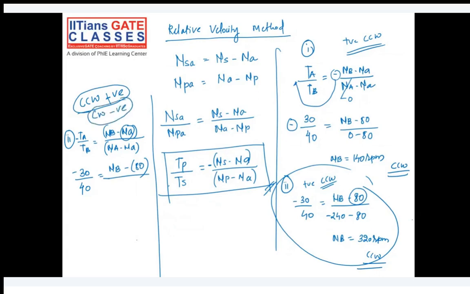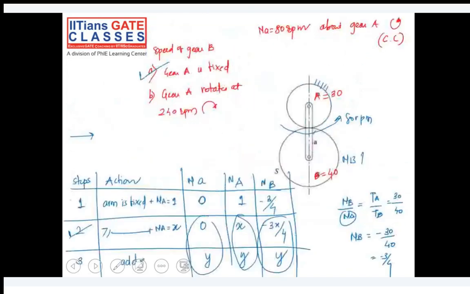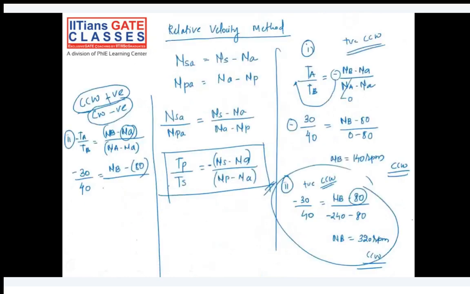And that is the speed of NA. NA is 240 RPM clockwise. I'll go to the first slide. Gear A rotates at 240 RPM in clockwise direction. So that is the reason I have taken it as minus 240. Are you following? Minus na is 80 as it is.